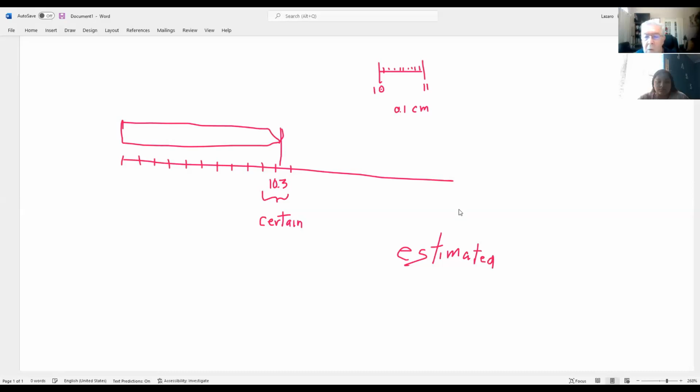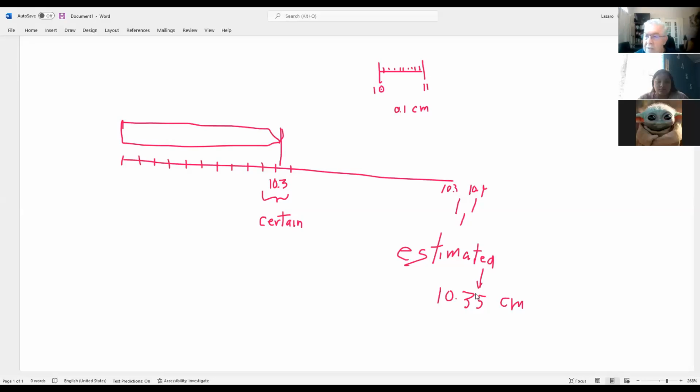When the line of your measurement is, for example, between two lines that correspond to 10.3 and 10.4, then you say that your estimated digit is 5. Then you say that the length of the pencil is 10.35 centimeters, and this digit is estimated. Okay?